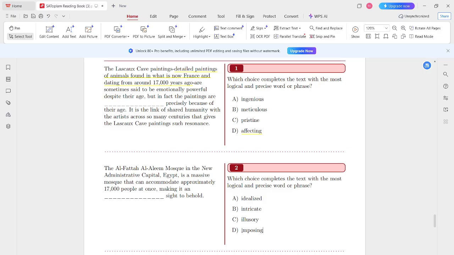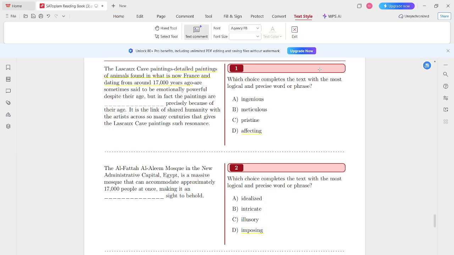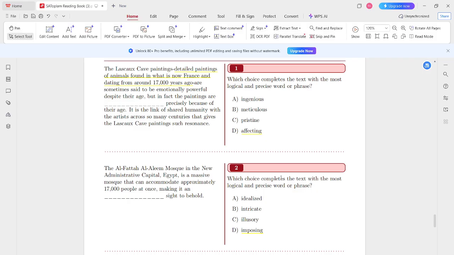And the last answer choice is D, imposing. Imposing usually means something beautiful, but sometimes when this word is used with structures or buildings, like mosques, it means something big, something very grand, and something that is very large.